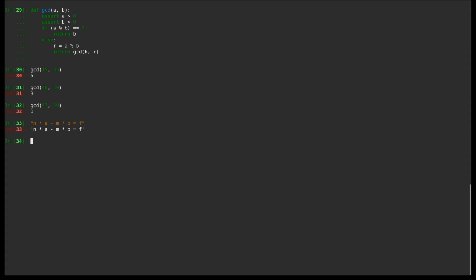That largely involves keeping track of how many times b went into a each time. The technical name for this algorithm is the extended GCD algorithm.